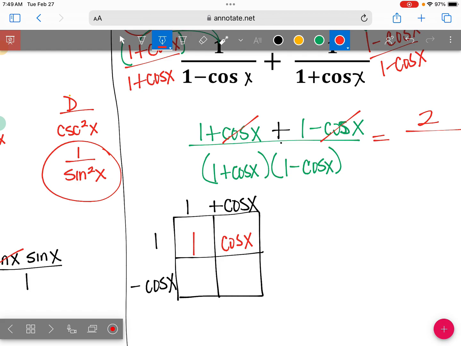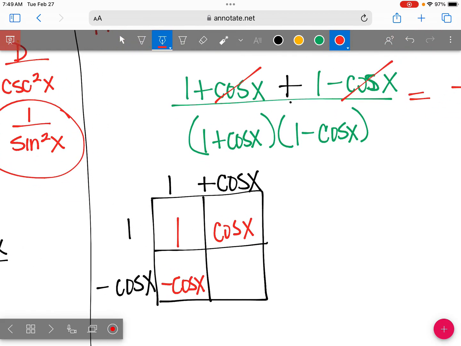And then here I have 1 times negative cosine, which is negative cosine. And what do you think is going to go in this last box? So we got a positive and a negative, which means it's going to be what? Negative. And then what did you say, Angelina? Negative cosine squared. Yep. That's what goes here.